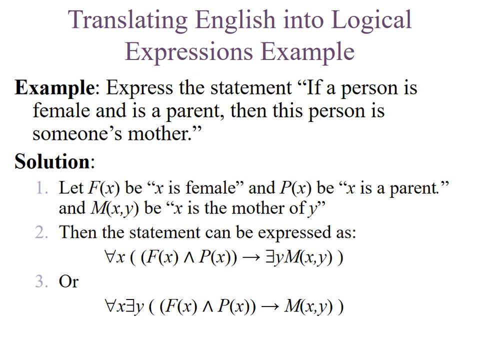Then for all elements within the domain, it will follow this equation. So we have for all x, if x is female and x is a parent, then for some y, M(x, y). In this case, we can also move for some y in front of this predicate logic: for all x, for some y, F(x) and P(x) and M(x, y).